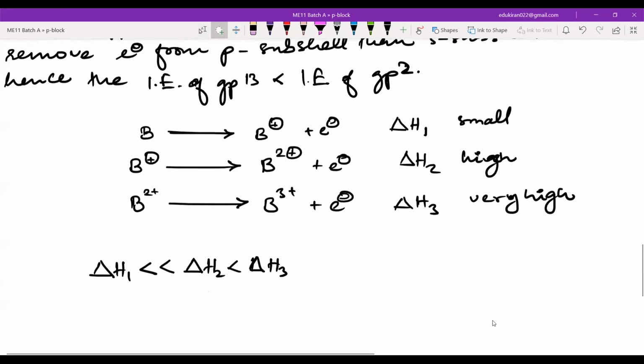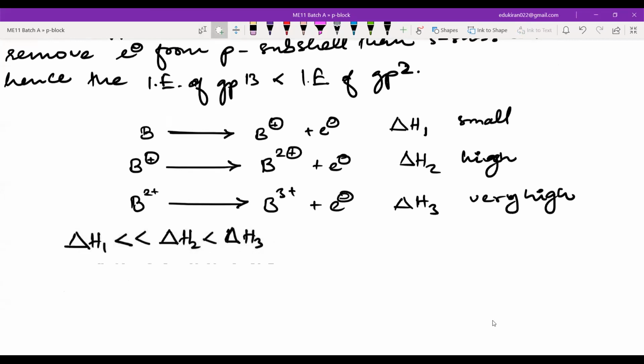We will also discuss that. But this is important: the first ionization enthalpy is very small, the second ionization enthalpy is very, very high, and the third ionization enthalpy is also very high, compared to the first ionization enthalpy.